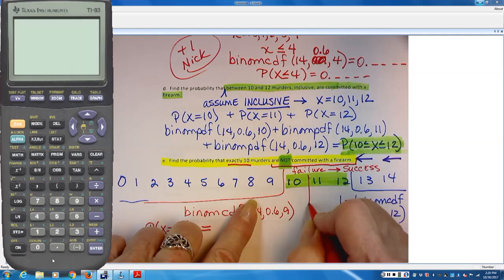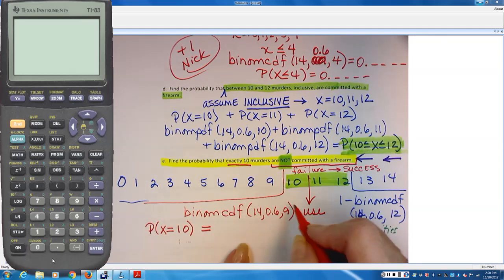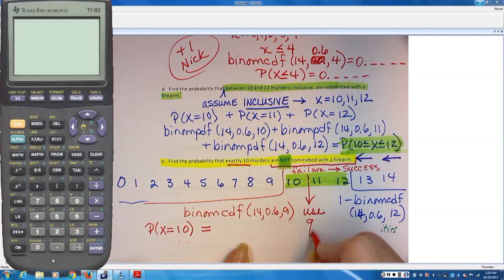And that means you're going to use Q, not P. You're going to use 1 minus 0.6 because the probability they're not committed with a handgun is 40%, 0.4.